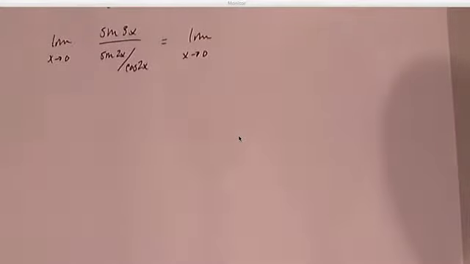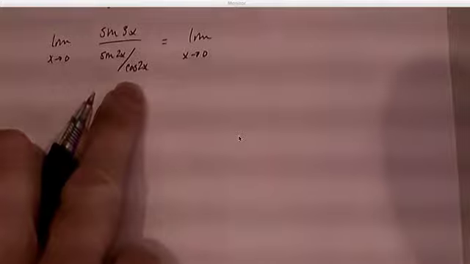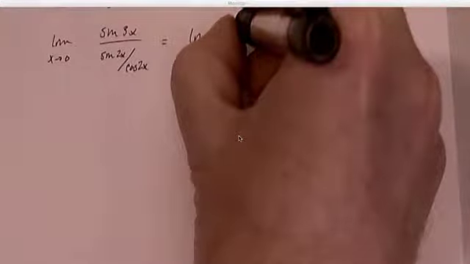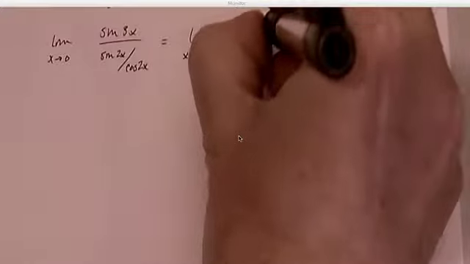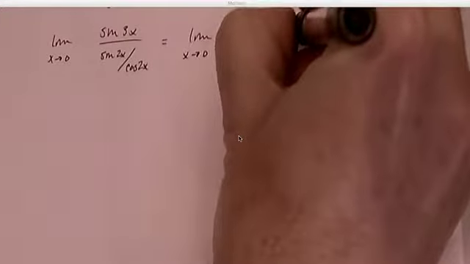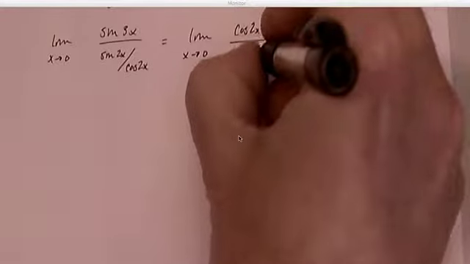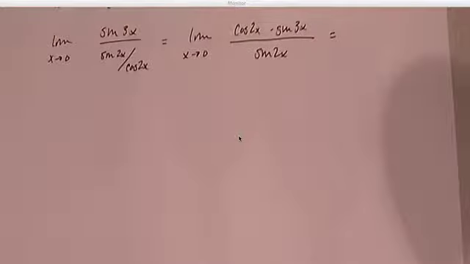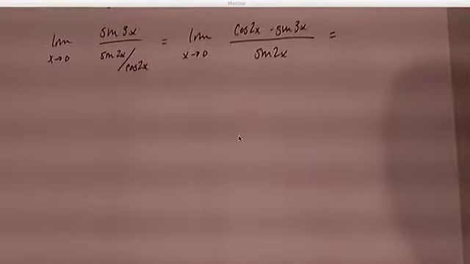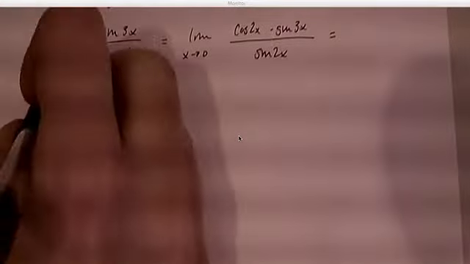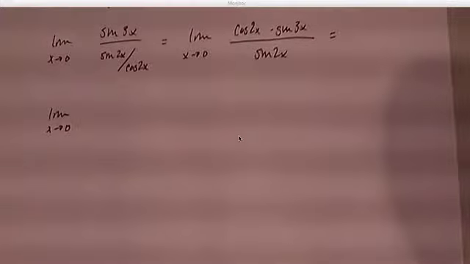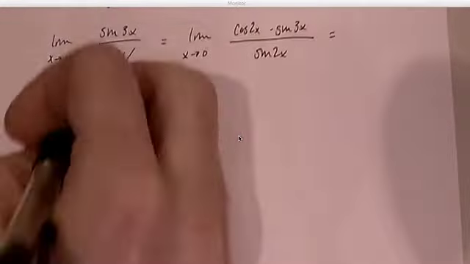So we have the limit as x approaches 0, and if I want to simplify this right here, I can go ahead and multiply by the reciprocal of what's in the denominator, and I get cosine 2x, sine 3x, and sine 2x. Okay, well, that's a little bit neater. So let's go ahead and actually start pulling it apart now. Okay, now I know that if I want to deal with this sine 3x, I kind of have to have it by itself.